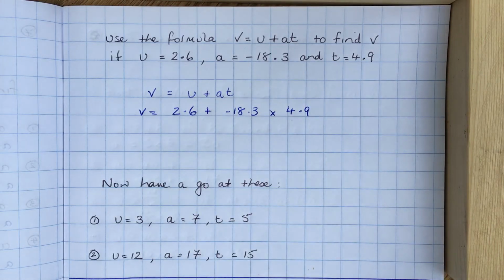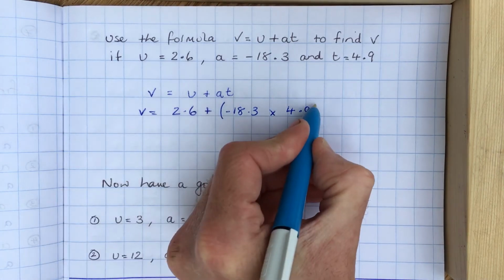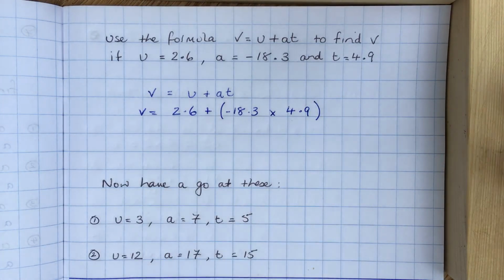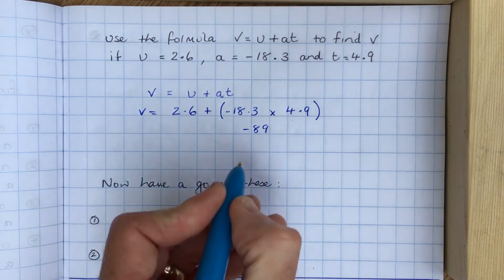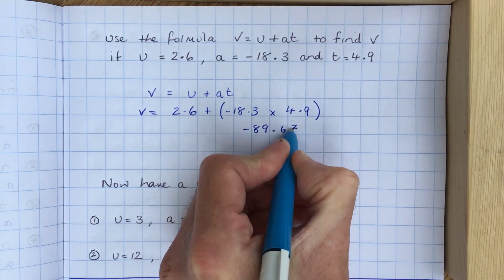Now again, let's make sure that we use BIDMAS. I'm just going to put some brackets around this multiplication bit, so we know we work that bit out first. If we do negative 18.3 times 4.9, you get negative 89.67.